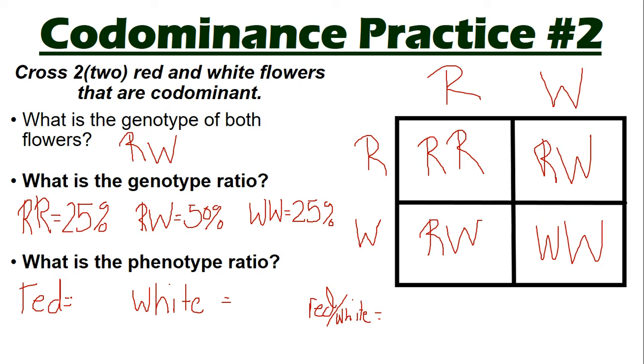So red, to be a red flower, you have to have 2 R's. How many boxes have 2 R's? 1. That's 25%. To be a white flower, you have to have 2 W's. And that's only 1 box, so that's 25%.